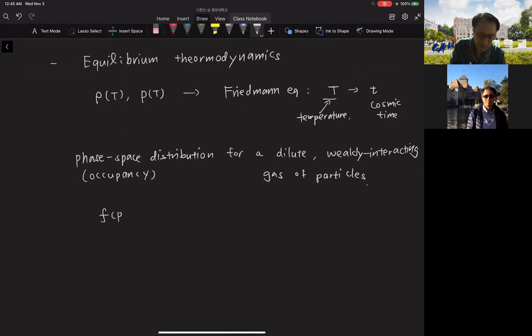This phase space distribution is a function of momentum, which is given by quantum statistics.